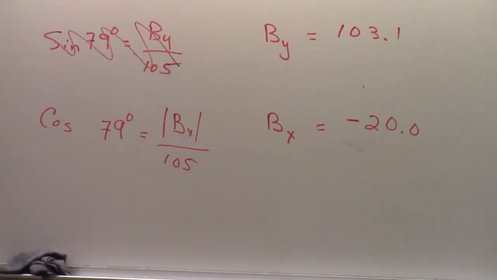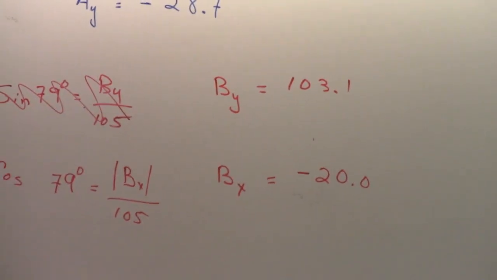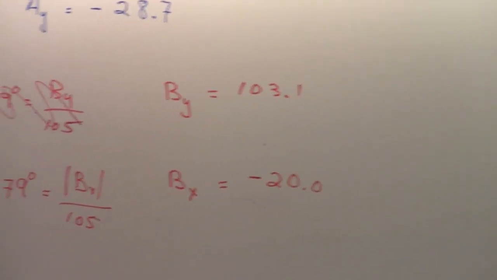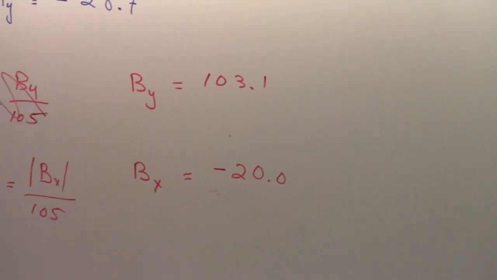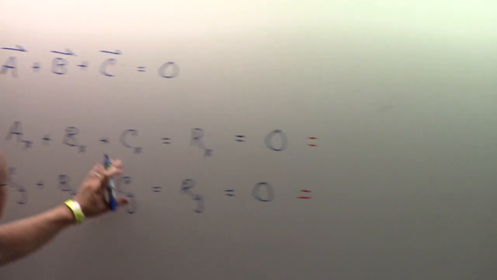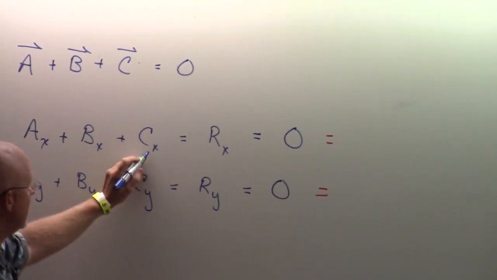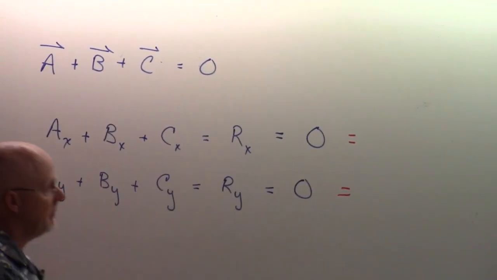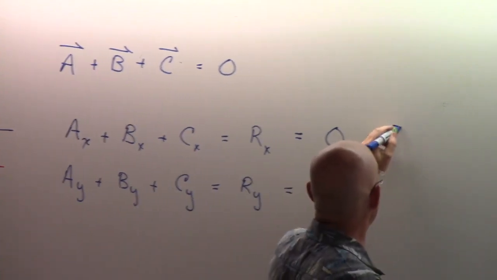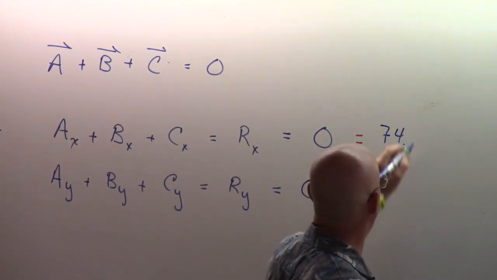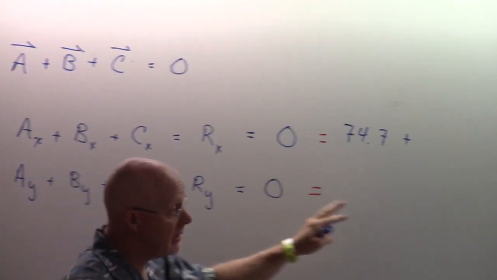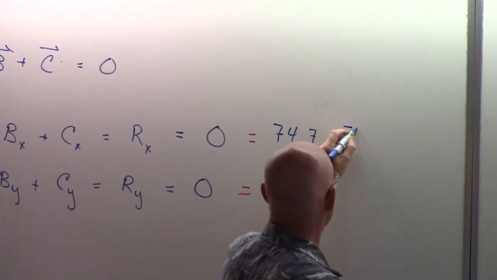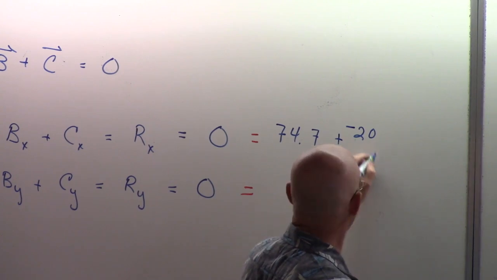All right, so knowing those, I can come back into each of these equations and figure out what the C sub x is, because the A sub x is 74.7. The B sub x is a negative 20.0.